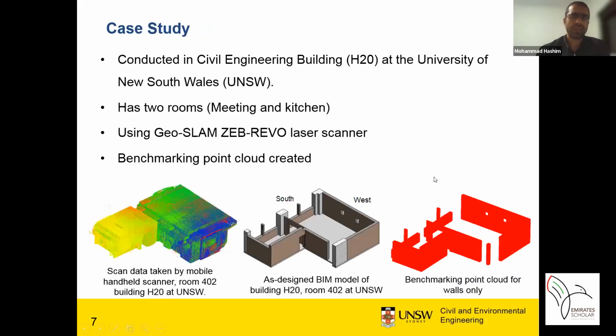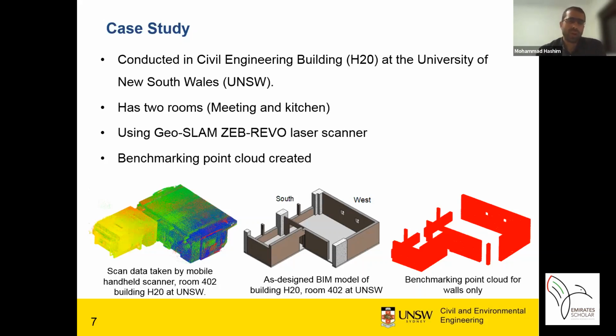To show the validation of this methodology, we conducted a case study at the engineering building of the University of New South Wales. The case study has 2 rooms, a meeting room and a kitchen. We treat all the furniture and kitchen stuff as noise, and the data was collected with a Zeb Revo scanner, as you see in the left corner.